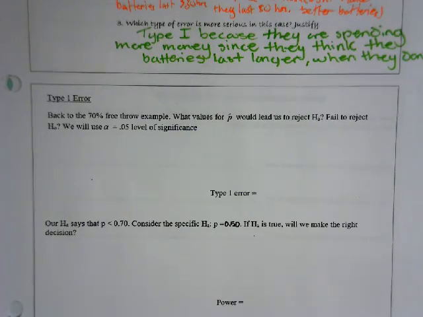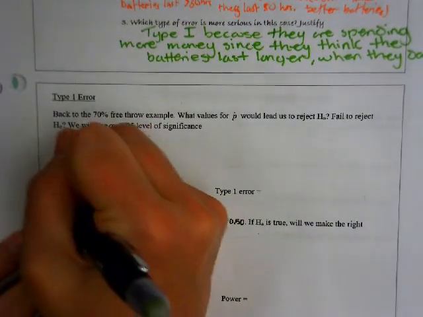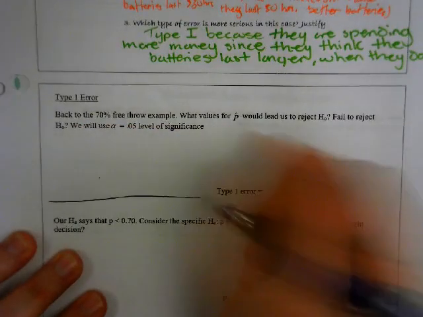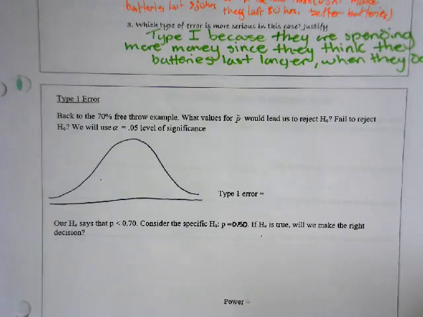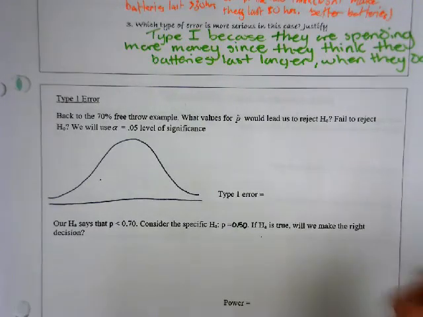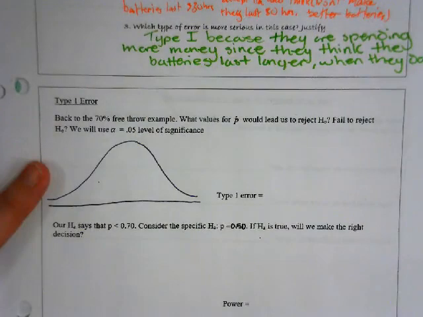So we're going to draw our normal curve. We always assume the null is true, so I guess we should rewrite those from the warm-up. H null was that Brooke is a 70% free throw shooter.